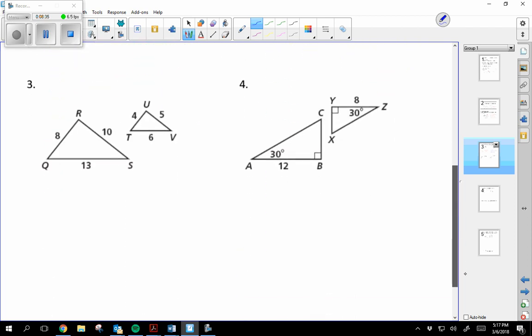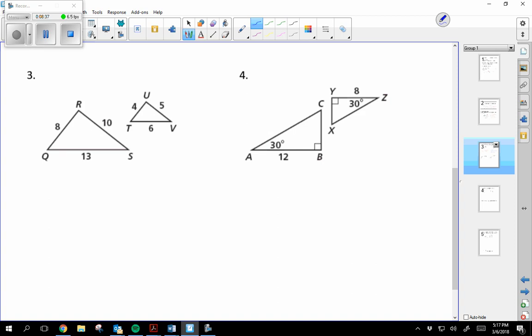Moving on to number 3. So here we don't know any angle measures, but we have side lengths. So I'm going to take the smallest one from this triangle and compare it to the smallest one over there. That gives me a ratio of 8 to 4, which reduces to 2 to 1. Moving on to the medium side lengths, I would compare the 10 to 5, which gives me a ratio of 2 to 1.